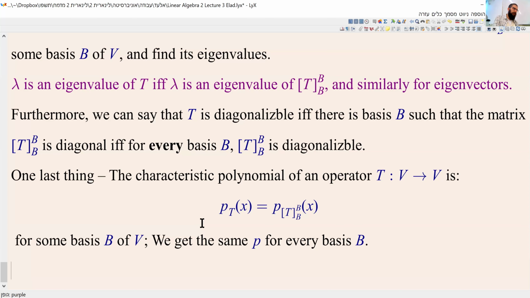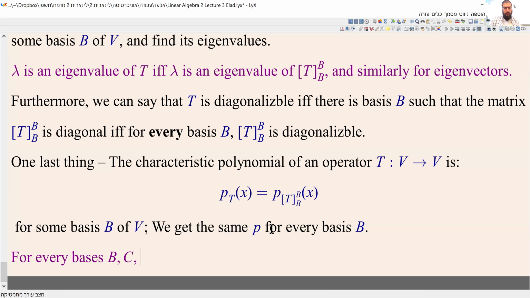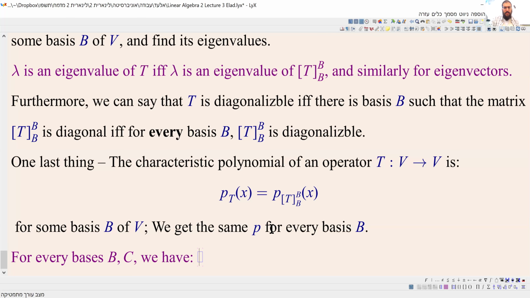If you take two different bases, B and C, for every basis, bases B and C, we have the same characteristic polynomial for the representing matrices of T, one with B and one with C.